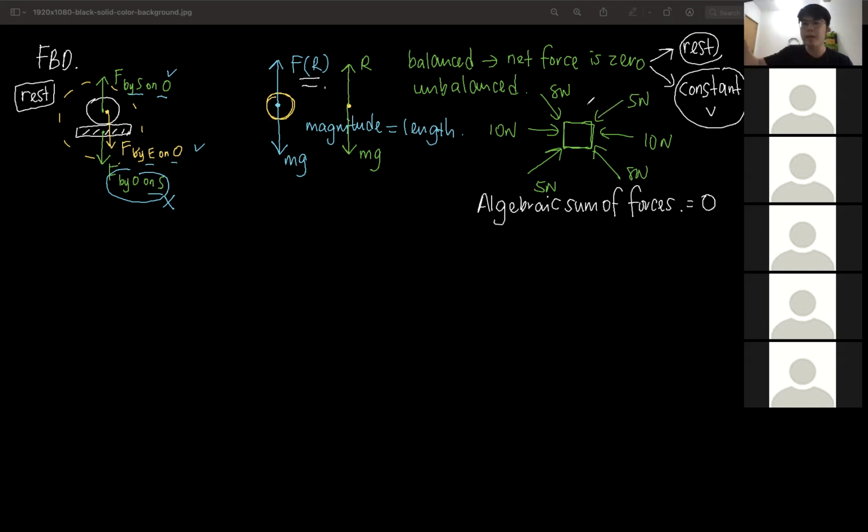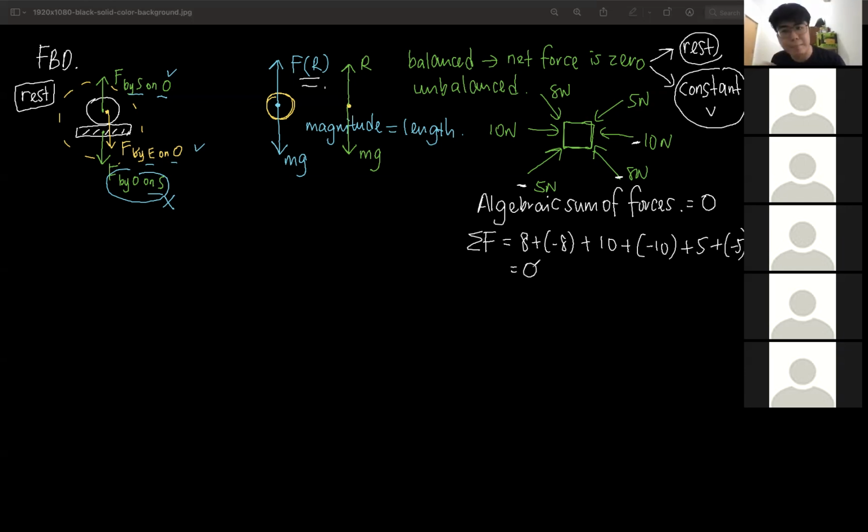The one going against it, I will give a negative sign. 10 Newton going in this direction. The one going against it, I will give a negative sign. 8 Newton, the one going opposite, I will give a negative sign. I take the sum of forces, summation of all forces: 8 plus negative 8 plus 10 plus negative 10 plus 5 plus negative 5. You get 0.